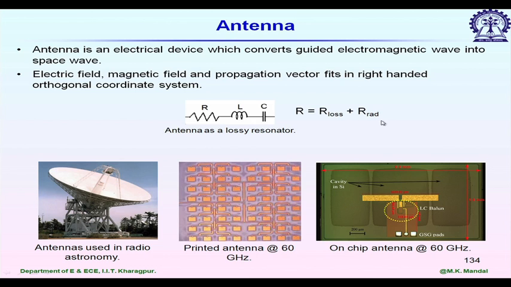The radiation coming from the antenna we represent by an equivalent resistor, which we call R rad, the radiation resistance of the antenna. As if it is a loss for the structure that comes out in the form of radiation. So, R is equal to R loss plus R rad.